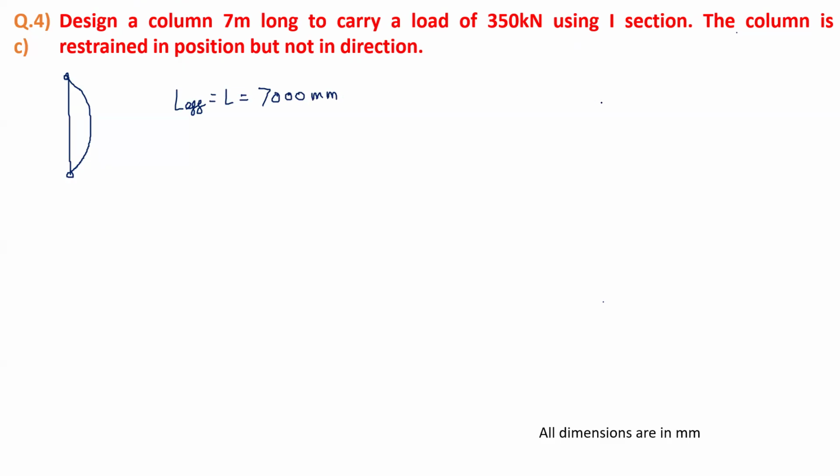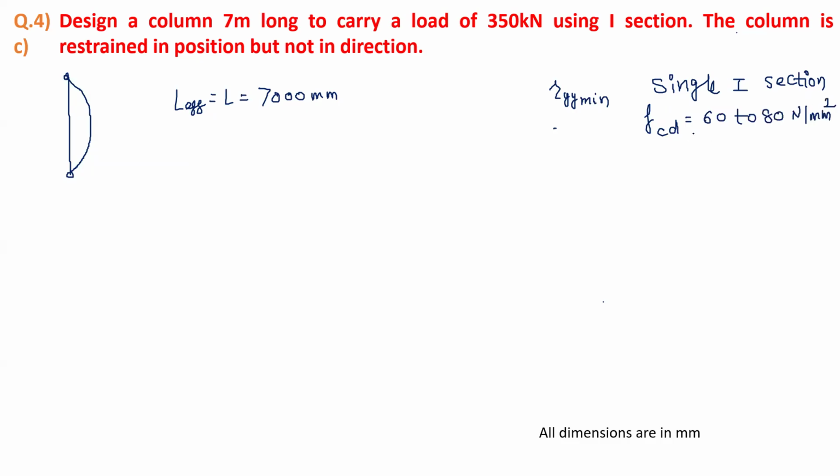Whenever you have a single angle section, then your RYY is minimum. And therefore, for a single I section, take FCD that is equal to 60 to 80 Newton per mm square.